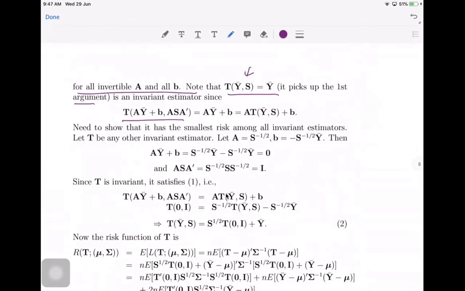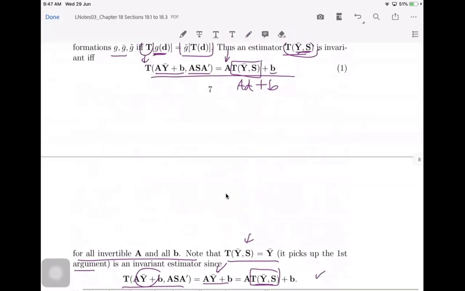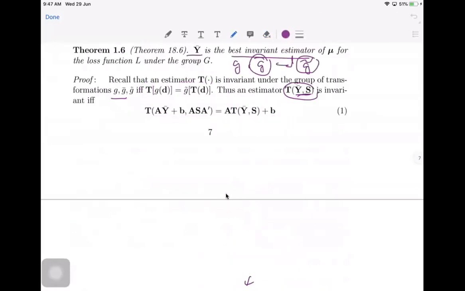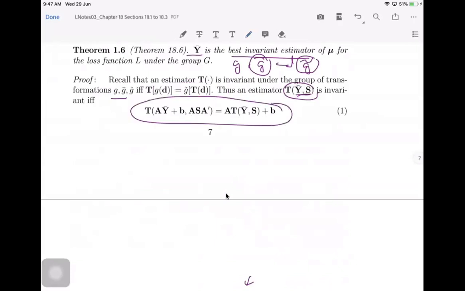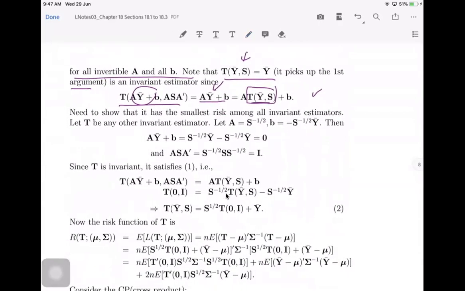So this is equal to the first argument, but your Y bar is actually your T of Y bar, S. That is the transformation of your estimator. So it means that you satisfy this condition, so it is invariant.